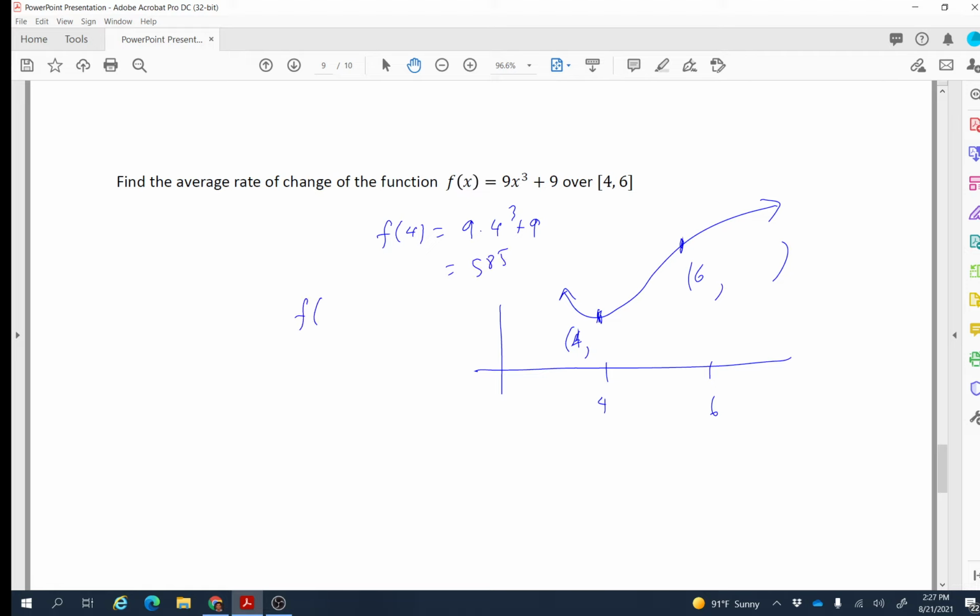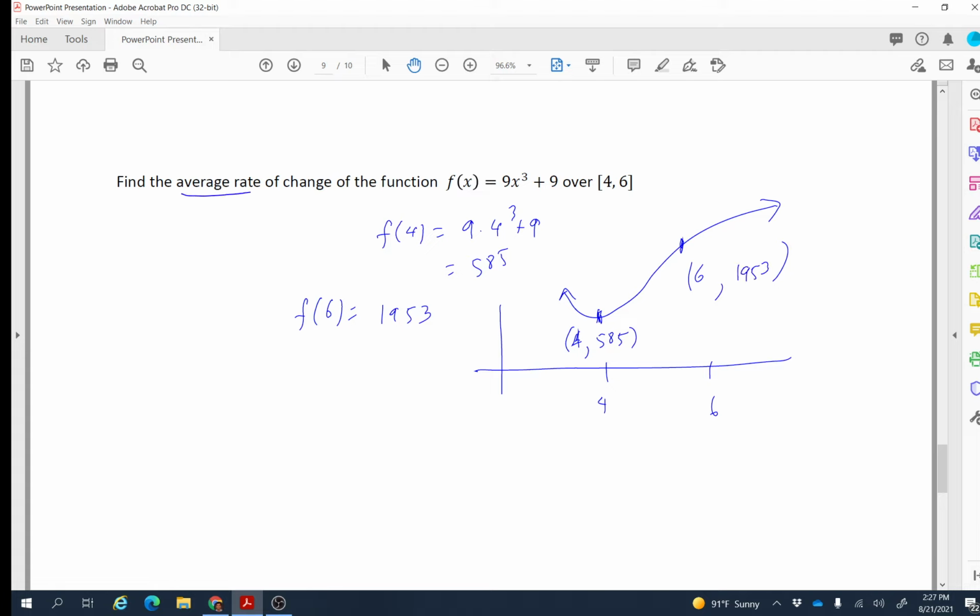I can also find the value of the function at 6, which is 1953, by just replacing x by 6. So the y coordinate at 4 is 585. The y coordinate at 6 is 1953.